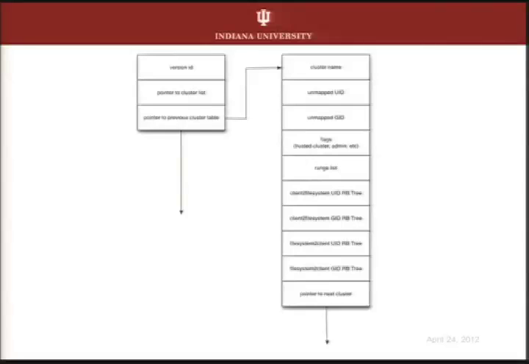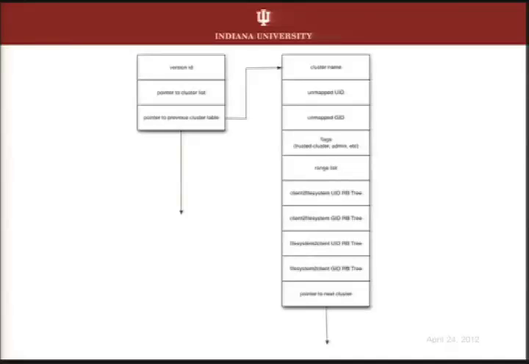Then I keep essentially a range list, which is a linked list of NID ranges, so I know how to appropriately categorize an incoming client. And then a set of 4 trees that I'm using for forward and reverse mapping. And that's all kept in a linked list on the management node.